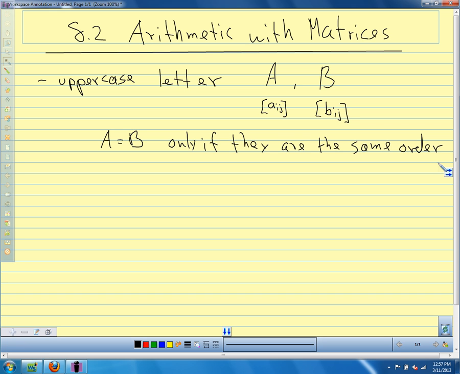Only if they're the same order and every corresponding element is equal. So you have two matrices, they're exactly the same size, and the exact same numbers are in the exact same place in both matrices. So that's the only way that we have matrices being equal.